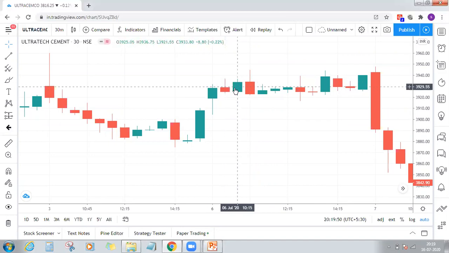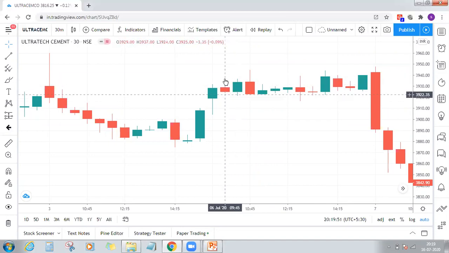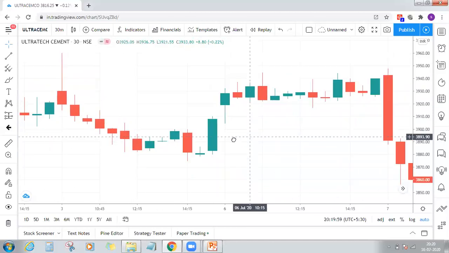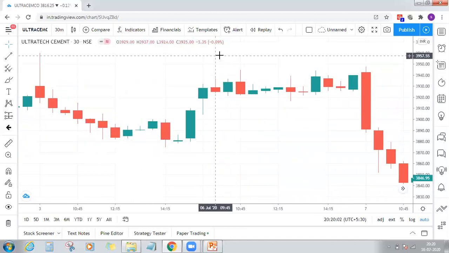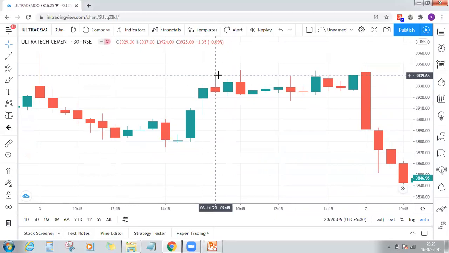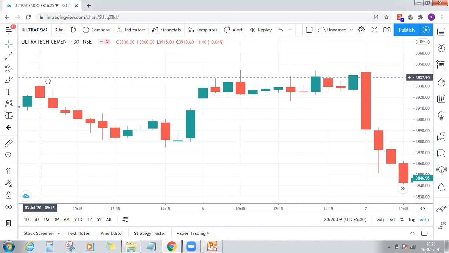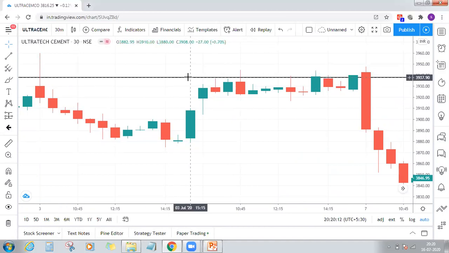But the problem is the length of the candle is very low. If you compare the length of this candle with the rest of the candles, this is a very small candle. So the sellers were aggressive, but not so aggressive.